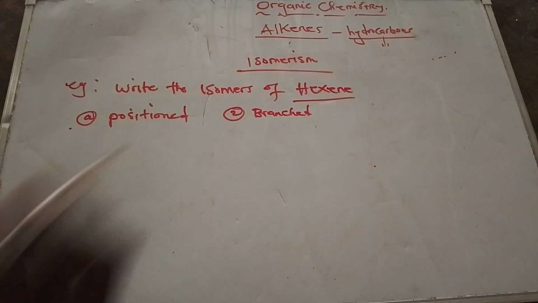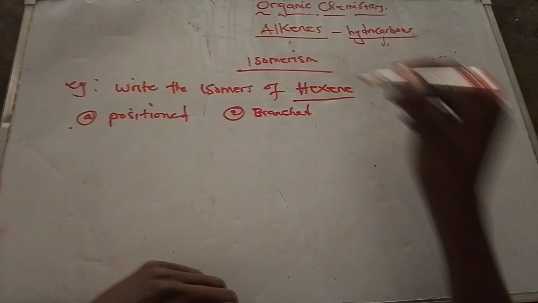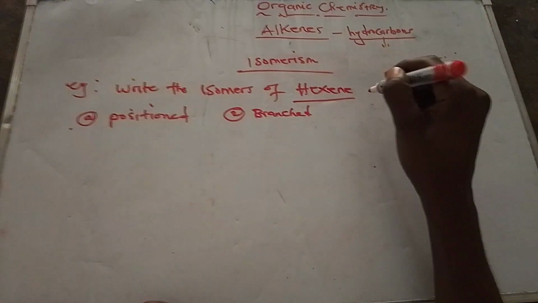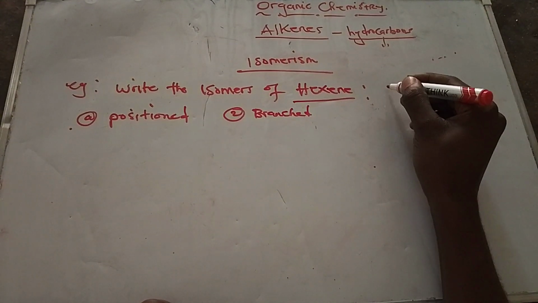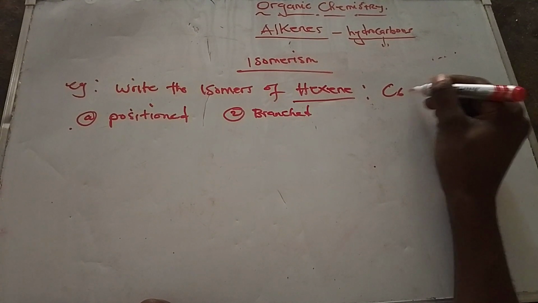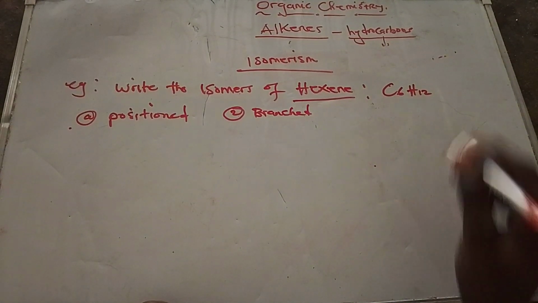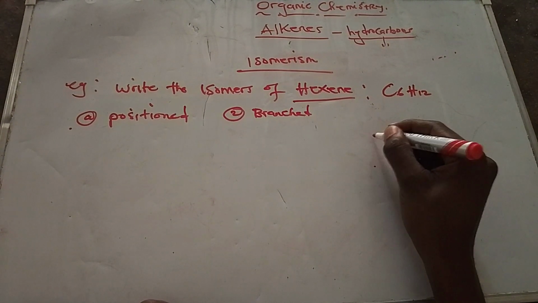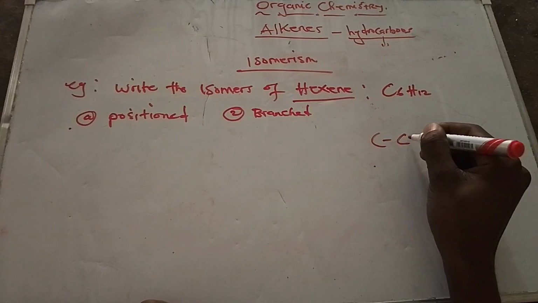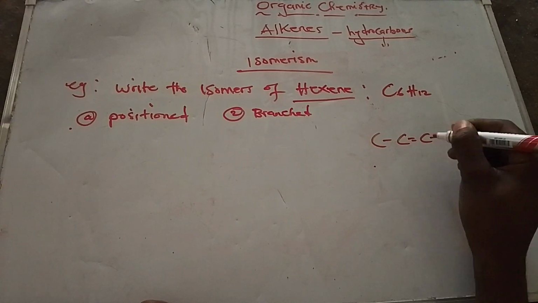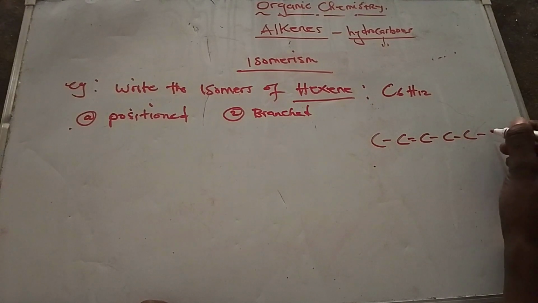On the positioned isomer, we'll first draw the structural formula of hexane. Of course, you know that hexane gives us C6H12. So the original structure is like this: 1, 2, 3, 4, 5, 6.